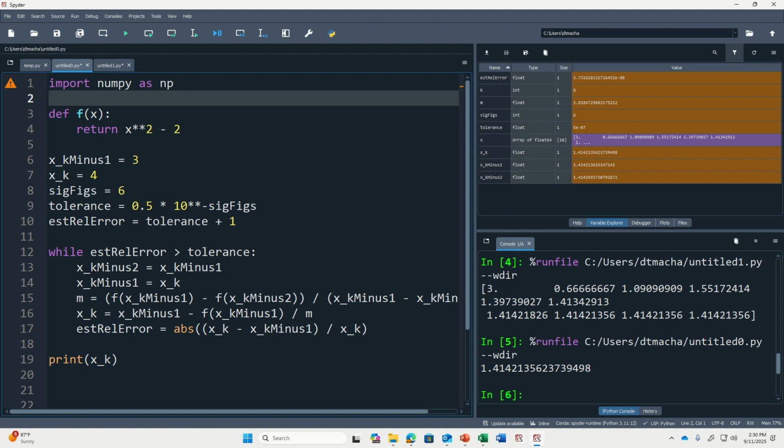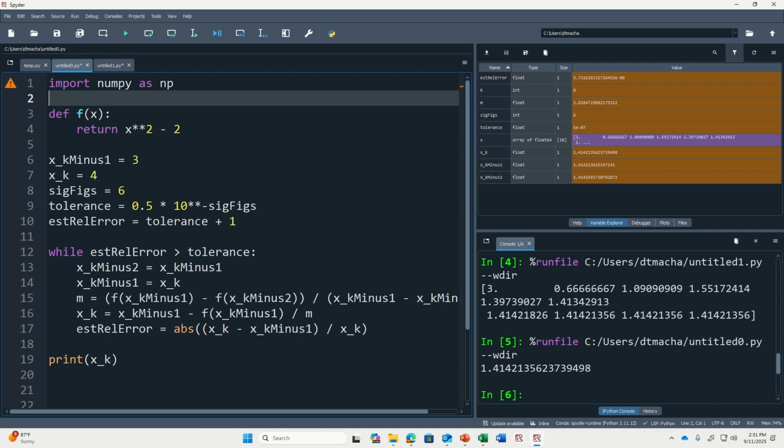To do that, I would have to calculate this value and save it as a variable and just use that variable here and here. Then I would also need to save that into another variable so that the next loop keeps that number as the f of x sub k minus 2.